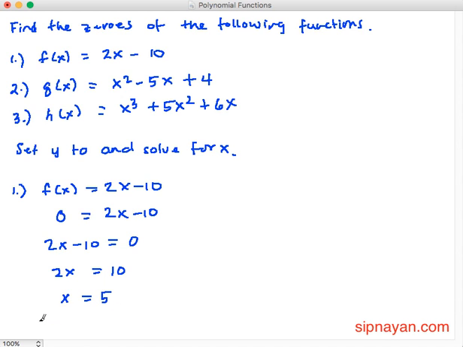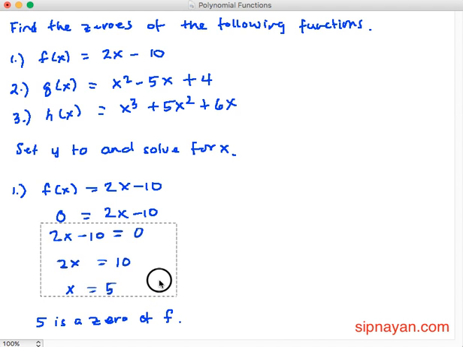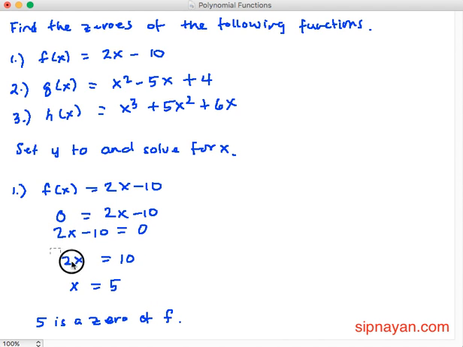So, what does this mean? Now, 5 is a root. 5 is a zero of f. That is our interpretation. Or, another way to say this is 5 is a root of f. f is the name of our function, since it's f of x.